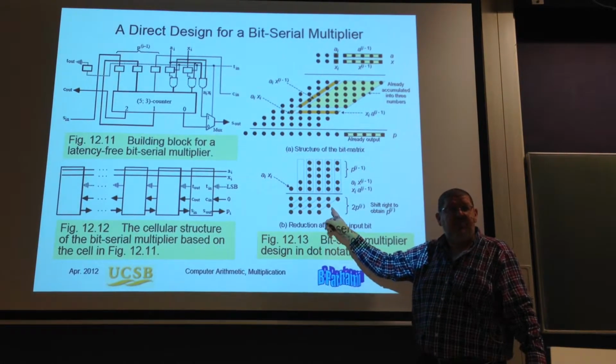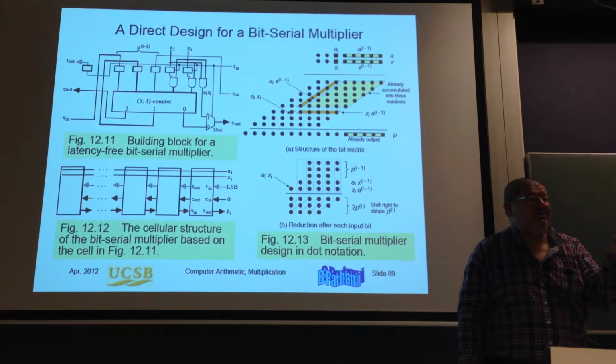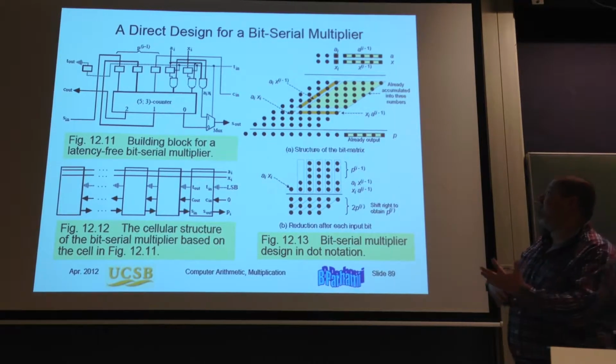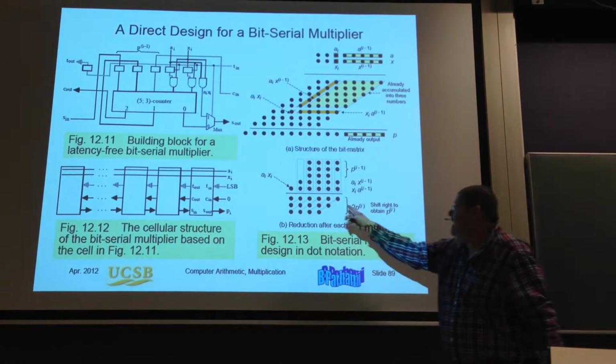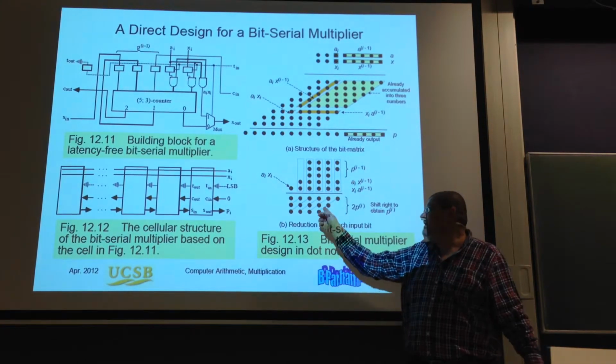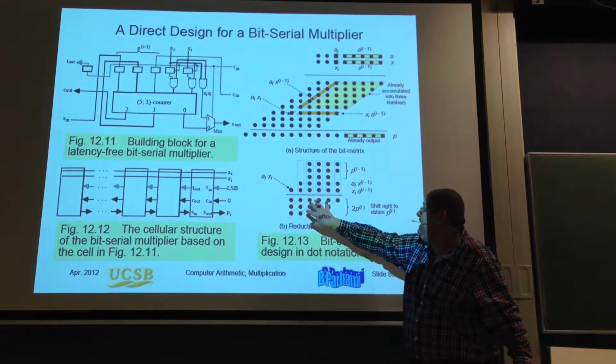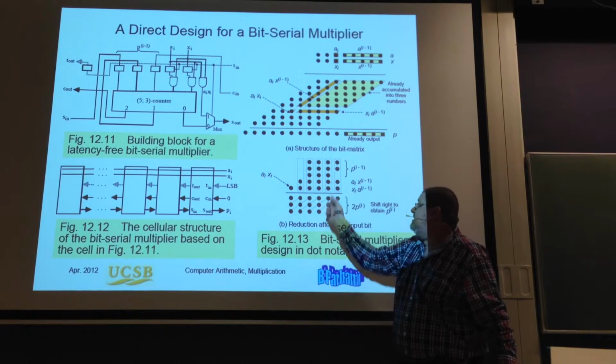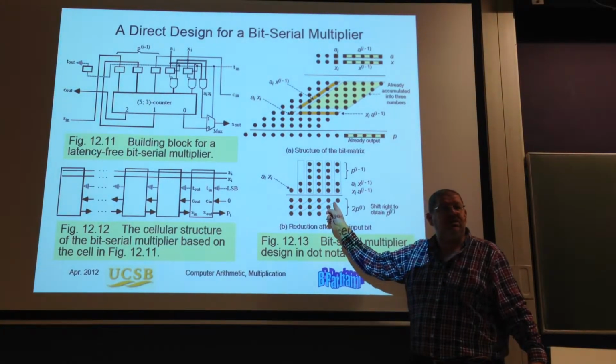Now, because I'm consuming 1 bit at a time, I also have to generate something for output. And then this is shifted and injected back. That's the reason why this, when it's coming here, is losing this dot.